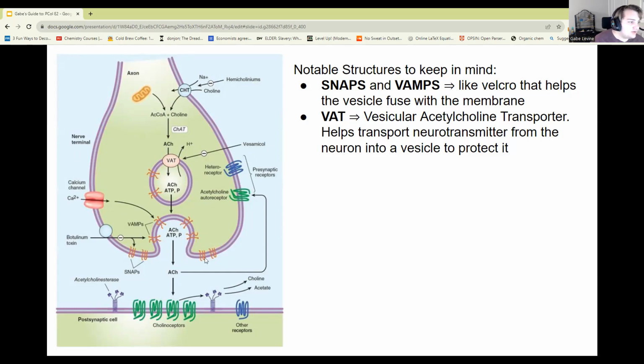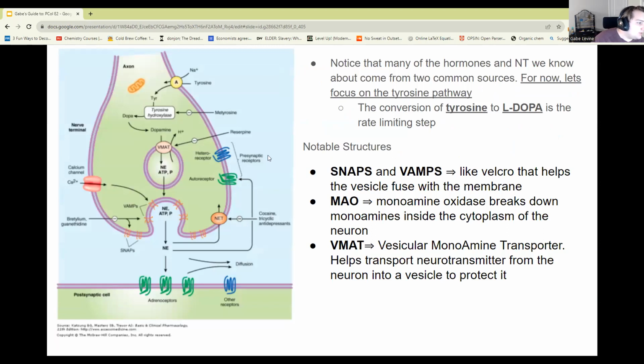The first kind of neuron releases acetylcholine and uses VAT as a transporter, whereas the other kind of neuron is using VMAT, vesicular monoamine transporter. Specifically in adrenergic neurons, so ones that are releasing norepi and epinephrine, it's really the control of VMAT that is enabling the catecholamine release. And we'll talk more specifically about that in just a second.